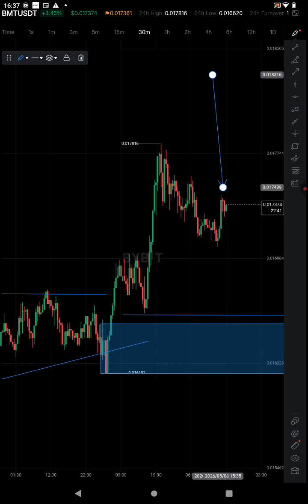So I'm anticipating a sell. If this plays out, I'll take my sell trade from here back to this point. But originally, this is where I want to buy. This is a safer place for me to buy. It's a safer entry for me.